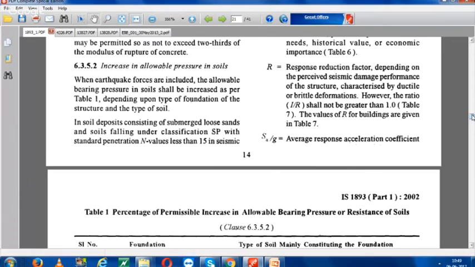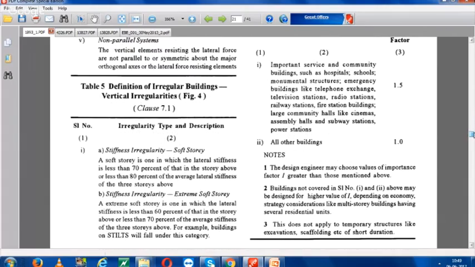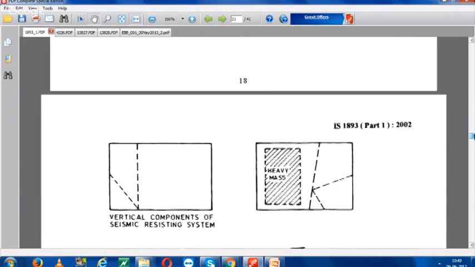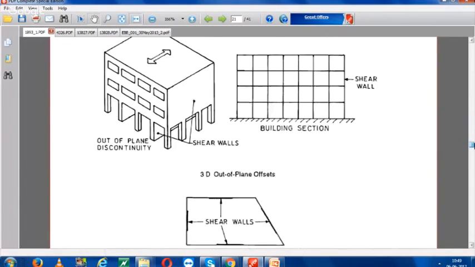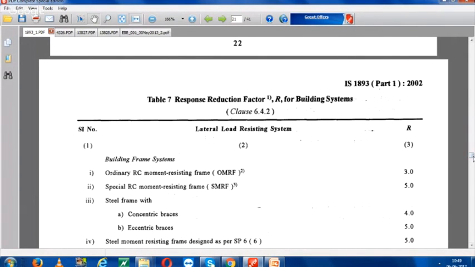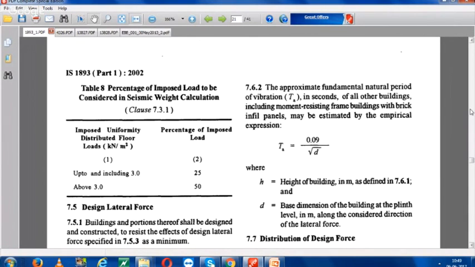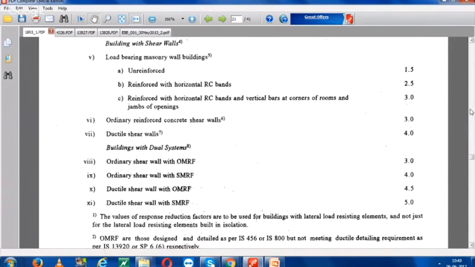So we need to multiply our base shear with the response reduction factor. That R is given here: ordinary RCC building, special RCC moment resisting frames, steel frames, load bearing masonry walls. Here in your question it is given as a 3-storied masonry building.